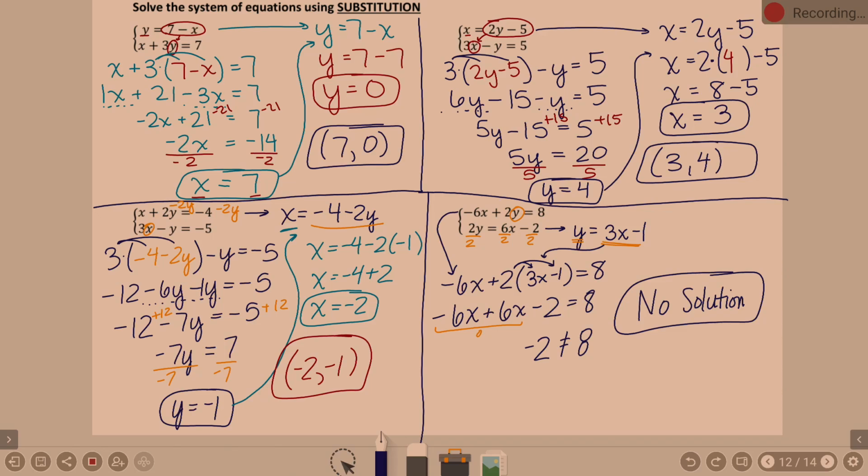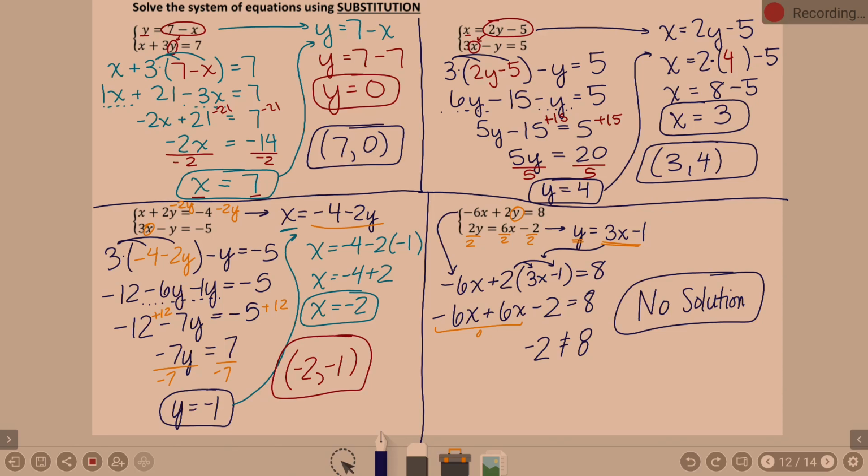What would no solution look like if we graphed these two? They wouldn't cross. And what kind of lines don't cross? Parallel lines, yes? Okay. They'd have the same slope. Okay. Now, the other alternative, and it might happen on the back, what if variables canceled out, but then we got a true statement, like 8 equals 8.